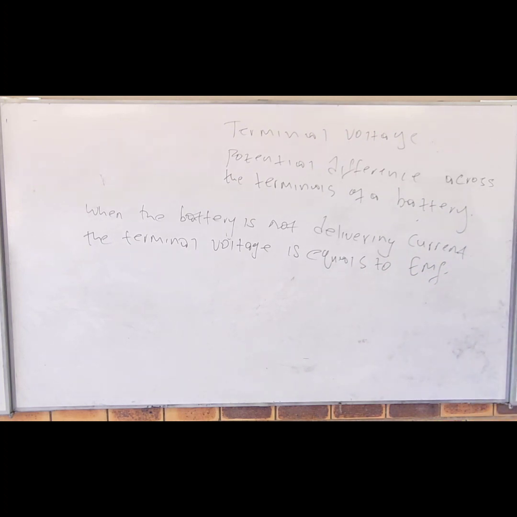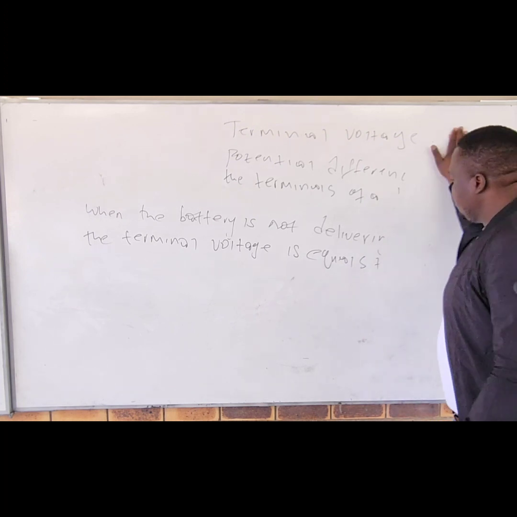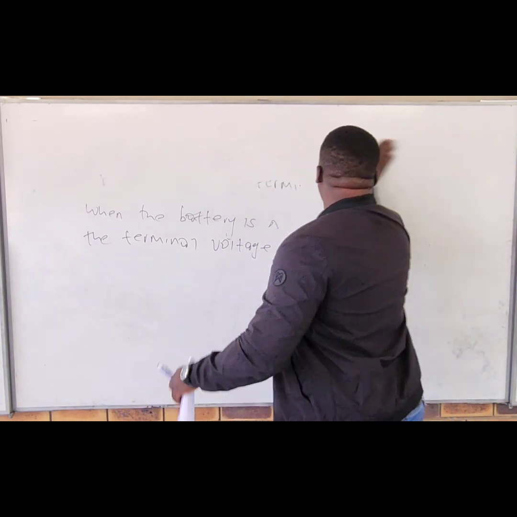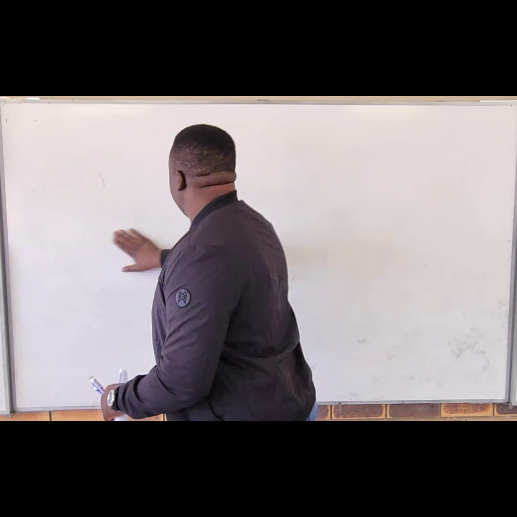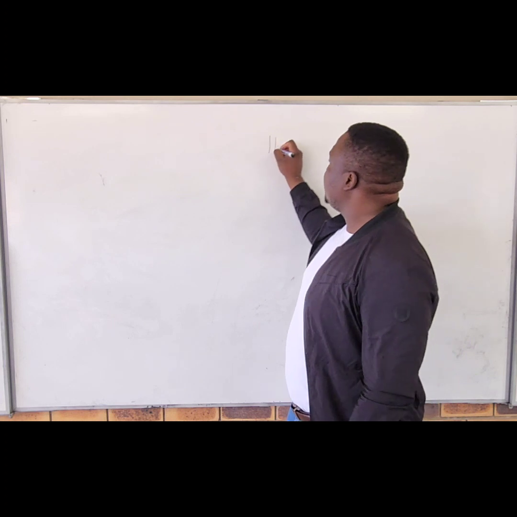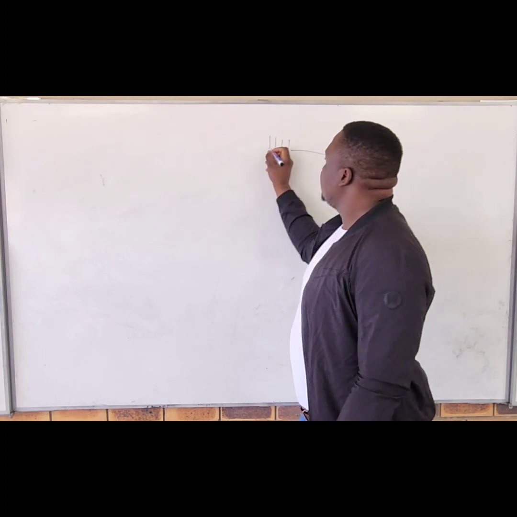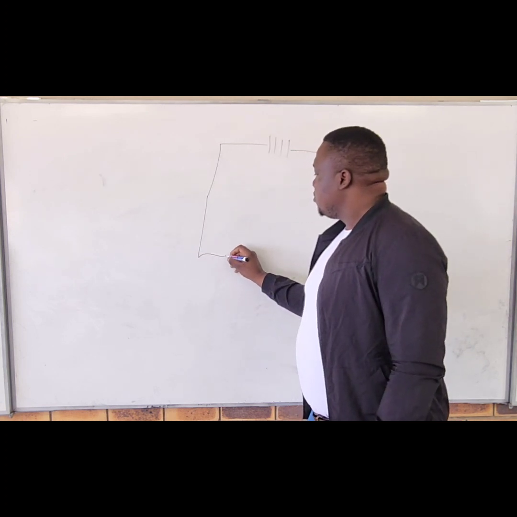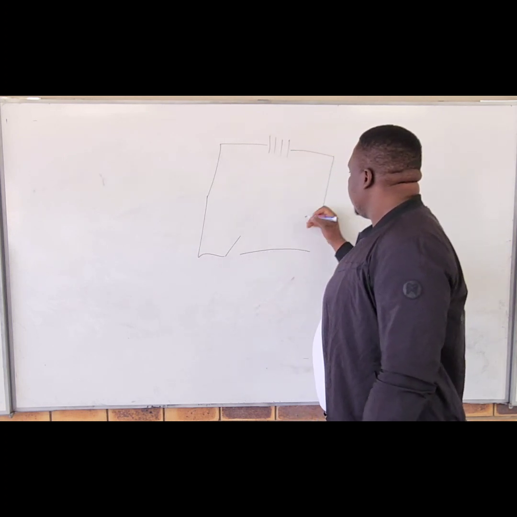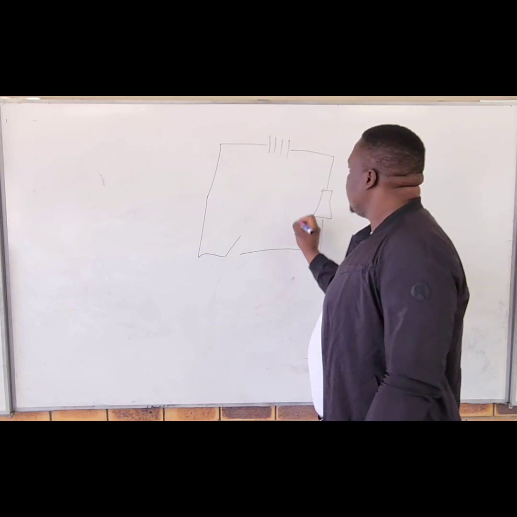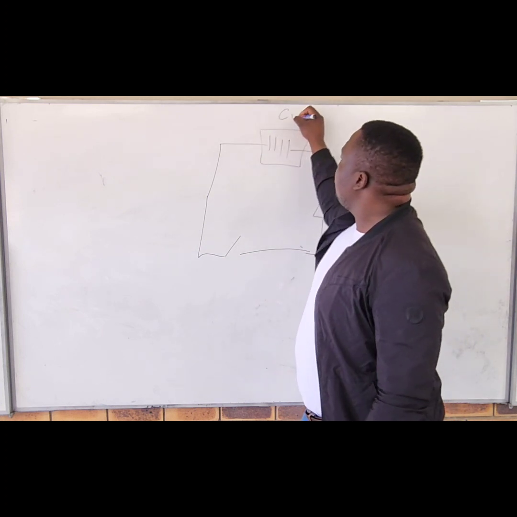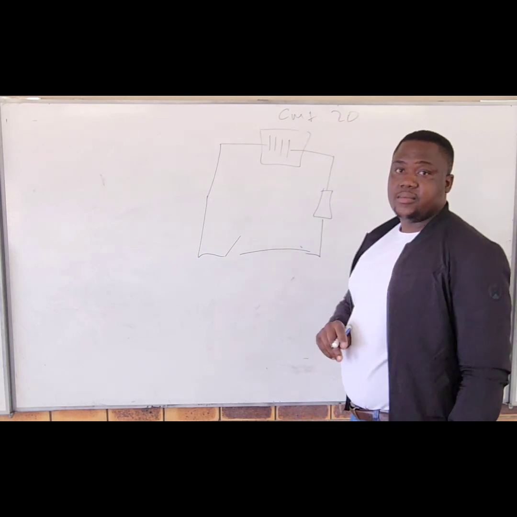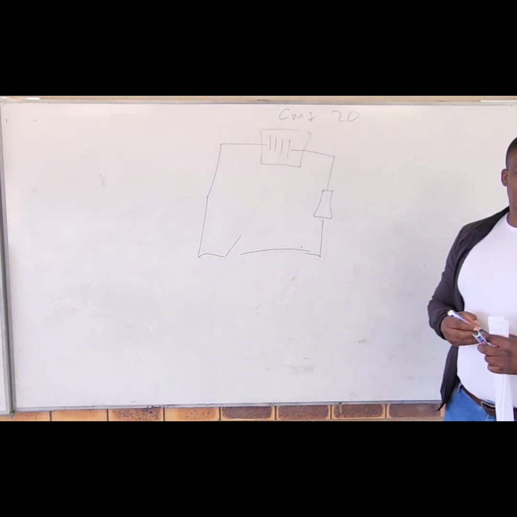Okay. I can explain this situation like this. Let's say we have this electric circuit. Then here we've got an EMF of 20, right?